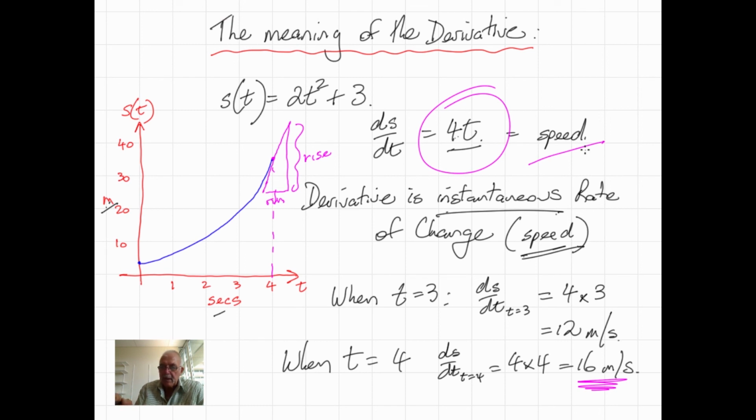So the powerful thing about this is that this allows us to work out not just any whole number, but at 1.3 we can work out what the speed was. It's not just restricted to here, if this was over a bigger domain, we could work out at any time t what the speed was.